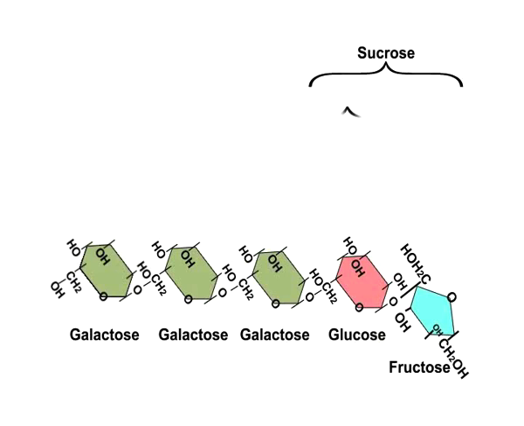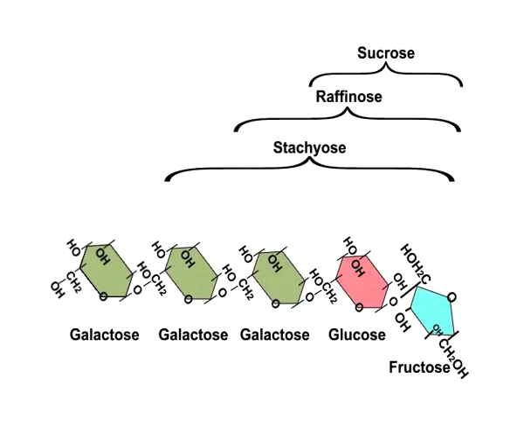Many other mobile carbohydrates contain sucrose bound to varying numbers of galactose molecules. For example, raffinose consists of sucrose and one galactose molecule. Stachyose consists of sucrose and two galactose molecules. Verbascose consists of sucrose and three galactose molecules.